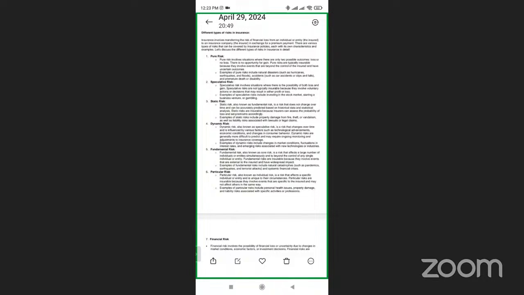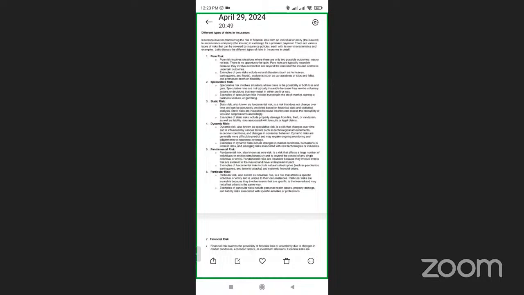So particular risk is individual specific, and whatever risk the individual, either as a person or as an entity, is exposed to, those risks will come under the category of particular risk. It means the happening of such risk will affect only one specific person or one specific business entity.